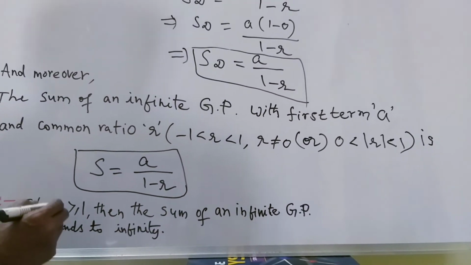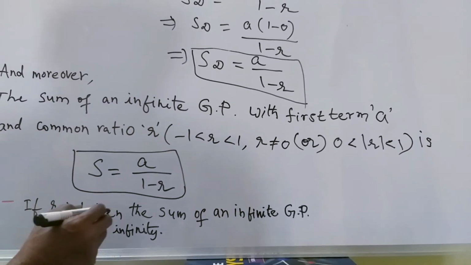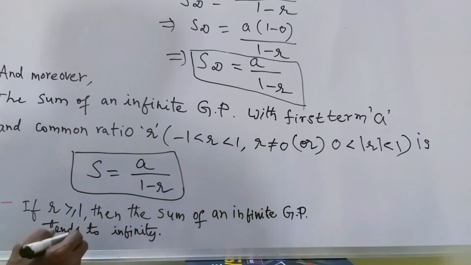If common ratio is greater than or equal to 1, the sum of an infinite geometric progression tends to infinity only.